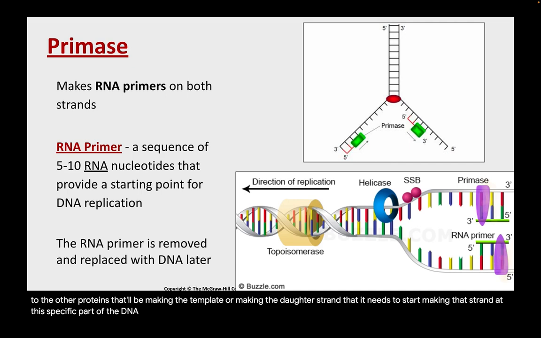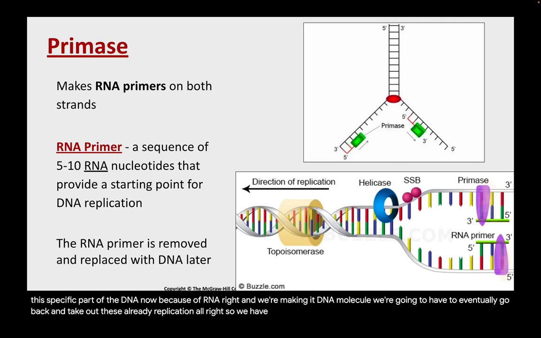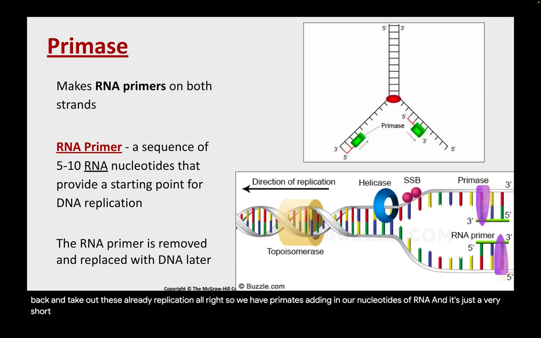Now, because it's RNA, and we're making a DNA molecule, we're going to have to eventually go back and take out these RNA nucleotides. But for now, they signal for the start of replication. So we have primase adding in our nucleotides of RNA. It's just this very short sequence. We're saying this is where we need to start.